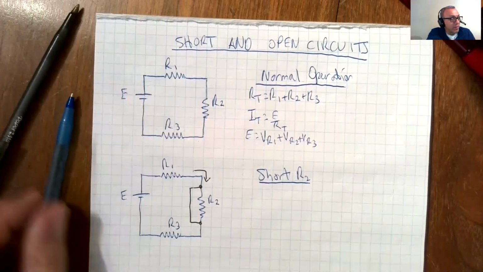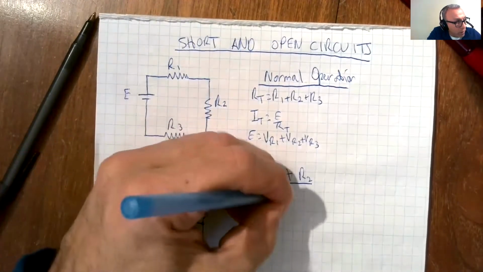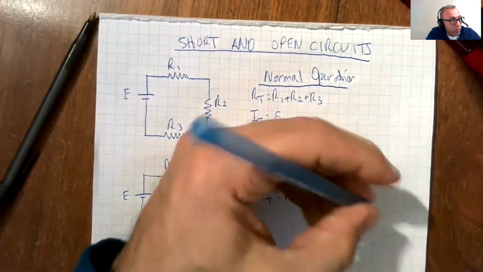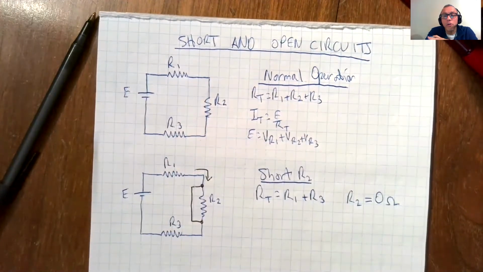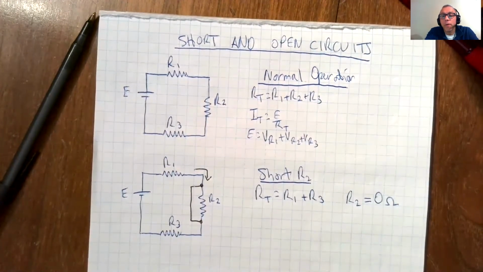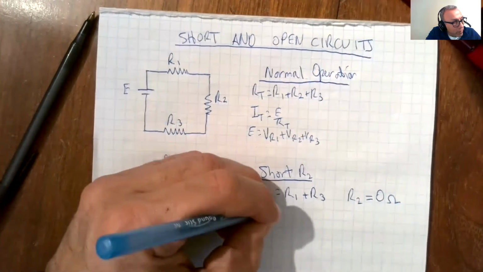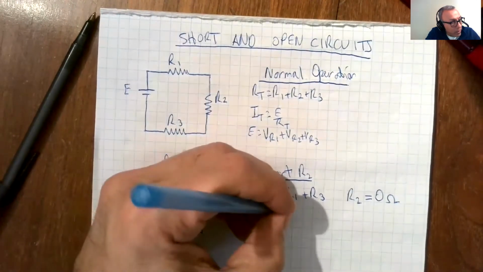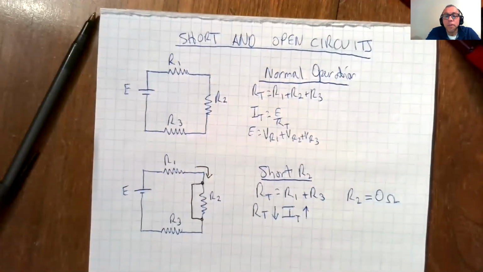So RT is now equal to R1 plus R3, because R2 is now 0 ohms. R2 is out of the picture. If RT went down, that means IT went up.